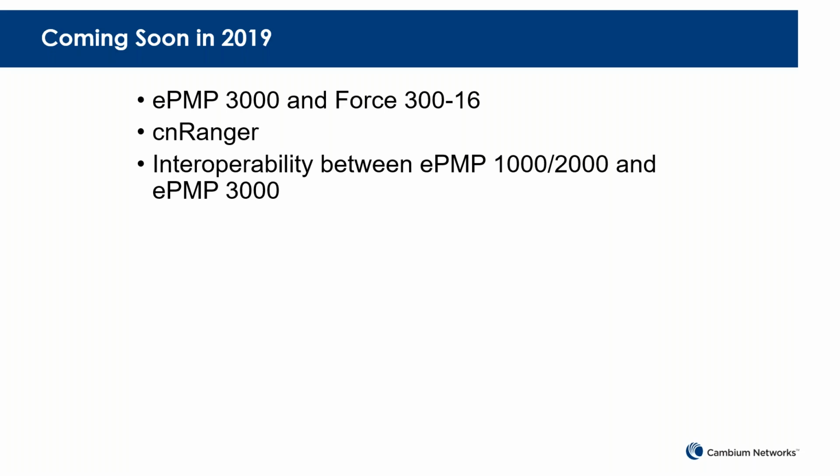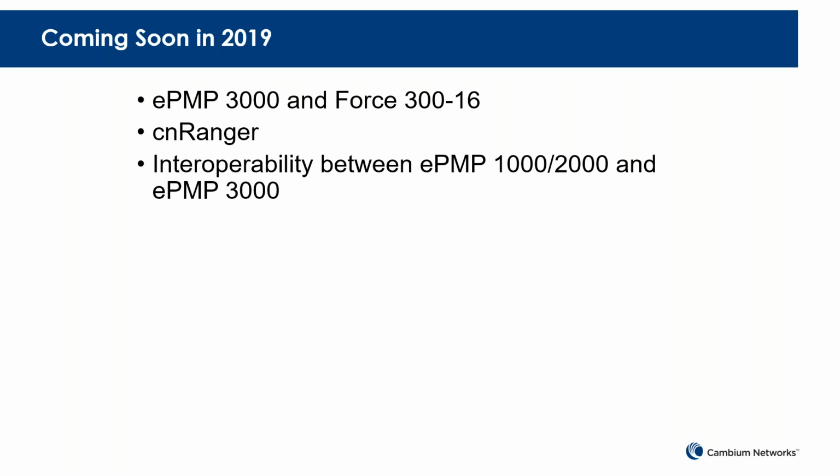Very soon now, you will be able to plan an ePMP 3000 network and use Force 300-16 and Force 300-25 subscriber modules. We're also adding cnRanger, which is an LTE point-to-multipoint product. And then additionally, soon in 2019, we're going to provide interoperability between ePMP 1000, 2000, and ePMP 3000.